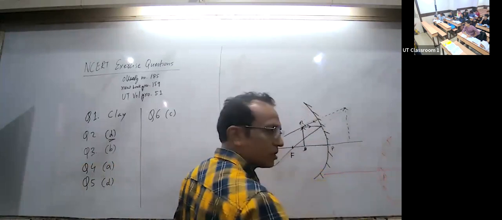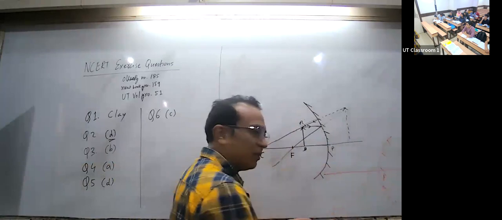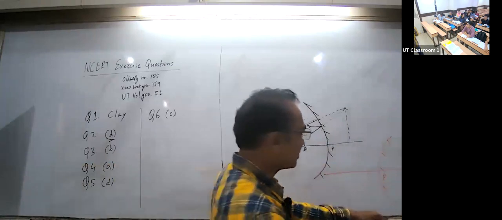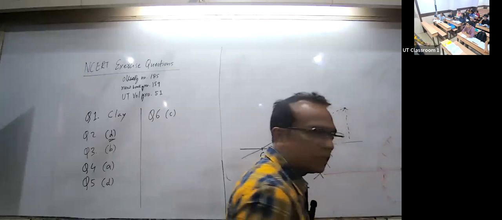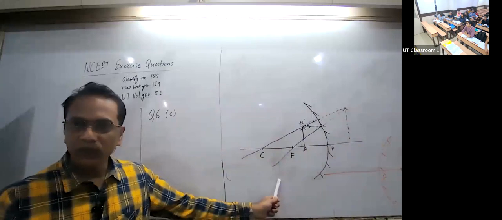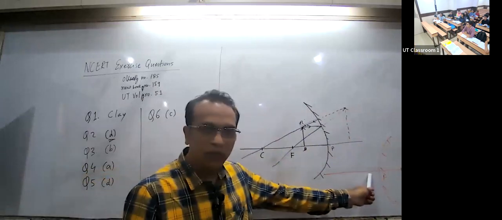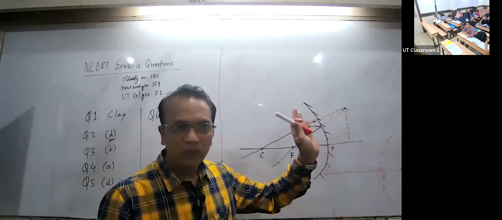Only 2 positions. At infinity. Where is C? C is on that side. So for convex mirror, at infinity, and what is the first point? Pole. Between infinity and pole. Okay?